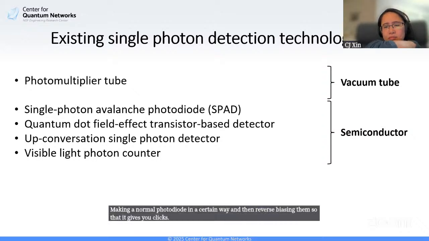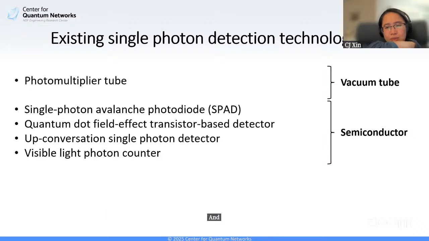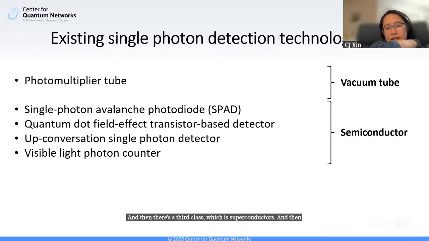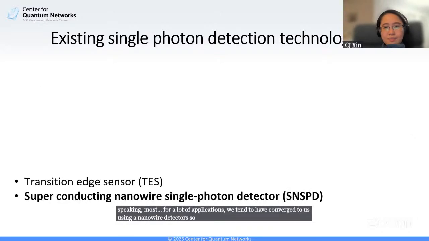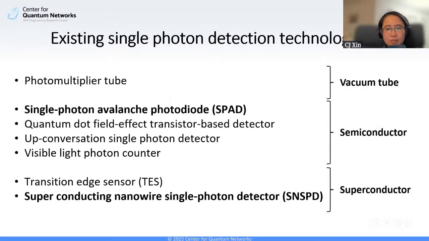And then there's a third class, which is superconductors. There are two types, transition edge and nanowire detectors. Broadly speaking, for a lot of applications we have converged towards using nanowire detectors, so that's what we'll be focusing on.